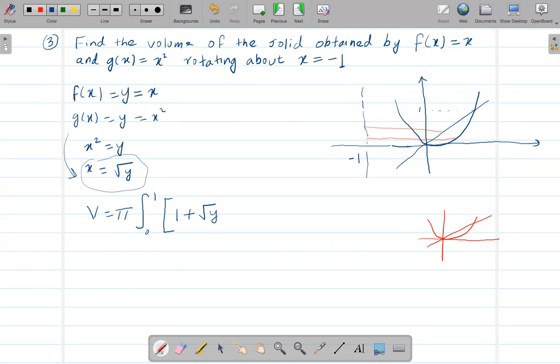And then we are taking the square of this, okay? That's the outer radius, minus the inner radius, which is again 1 plus, since you are changing this to be in terms of y, x equals y, so y, and then take the square of that, dx, okay?